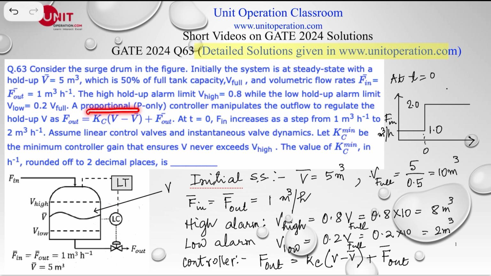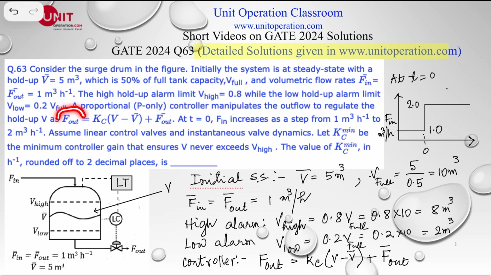A proportional controller manipulates the outflow to regulate the flow, F out. Let's say at any time t the hold-up volume is V. It could be here, it could be anywhere. So the difference between the hold-up volume at any time t and the steady state value is multiplied by the proportional gain, and F out steady state is the steady state value, which is 1 meter cube per hour.